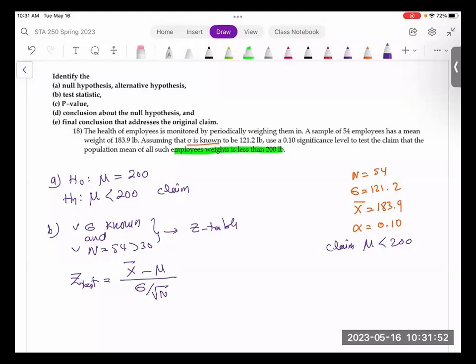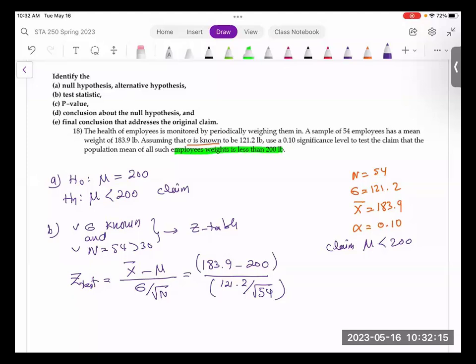You plug the values in, that's why you separated them earlier. So this is going to be 183.9 minus 200, divided by 121.2 divided by radical 54. For the calculator, please use parentheses.